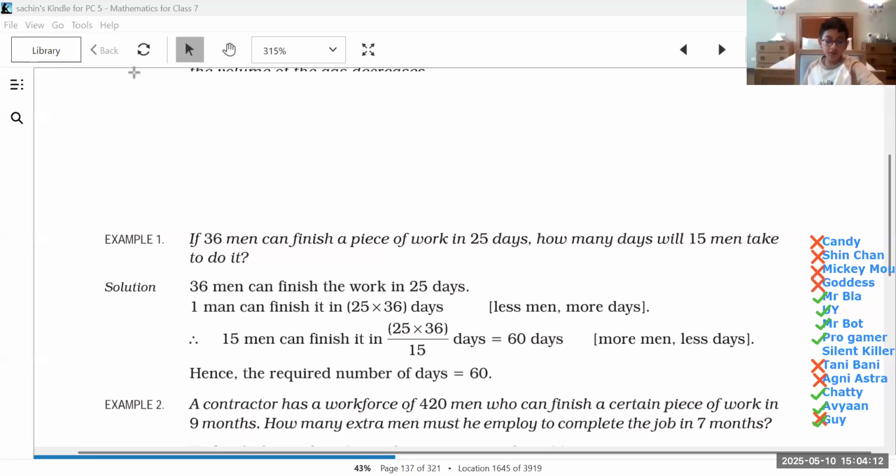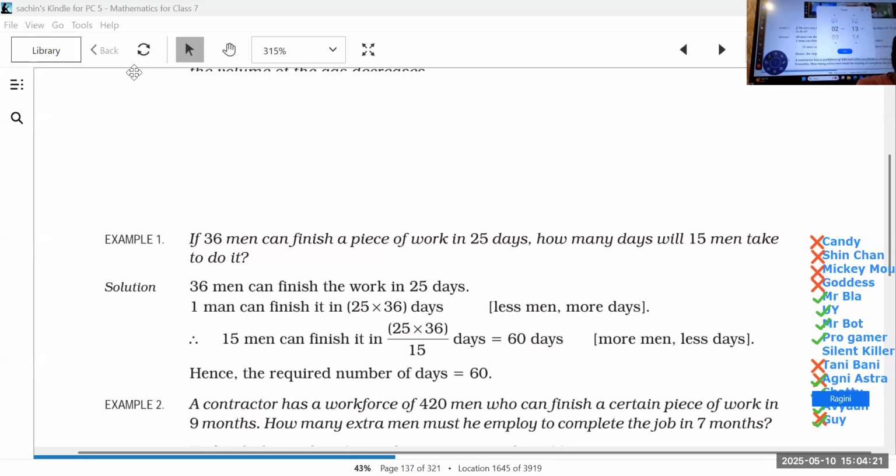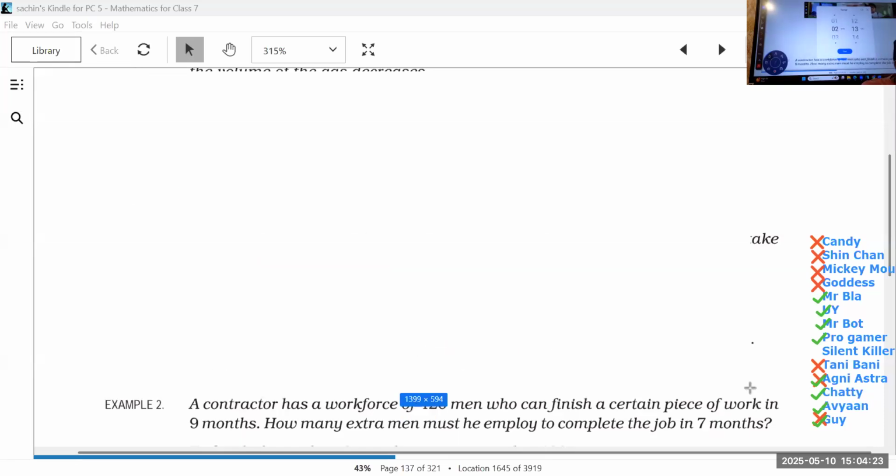I can solve the question, but I don't understand what wording I should use sometimes in the exam. Beta, first of all, be relaxed, this is not in the grade 7 ICSE syllabus. I will tell you, the product remains constant.